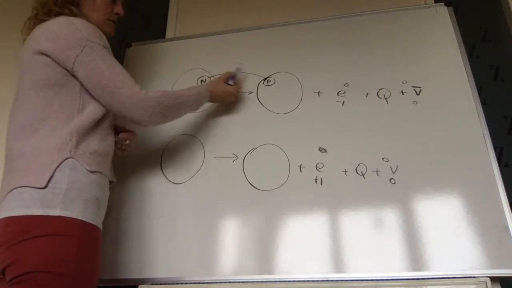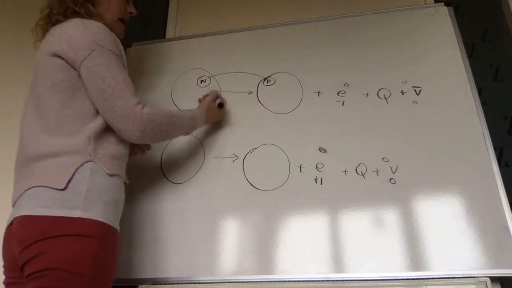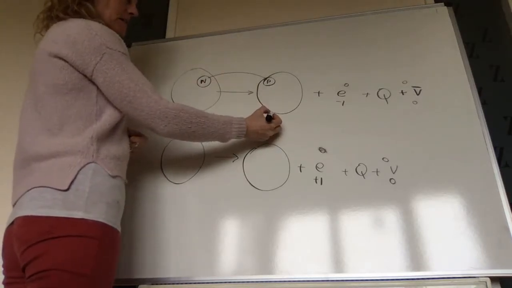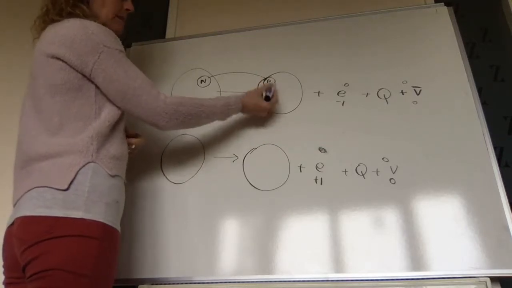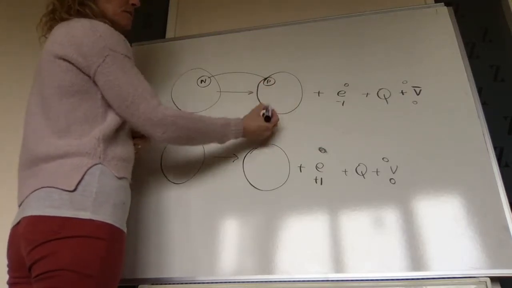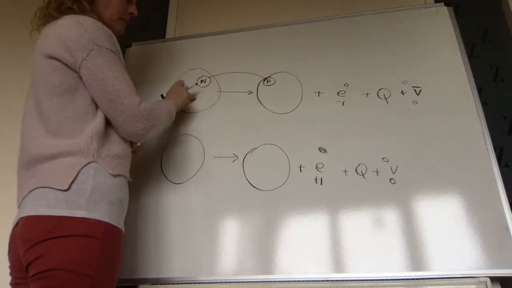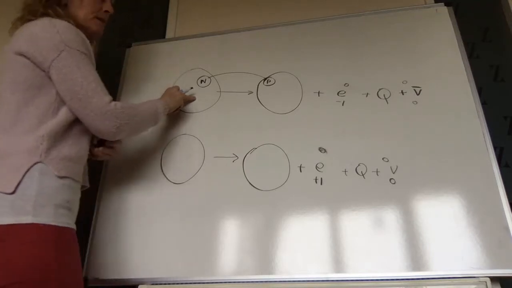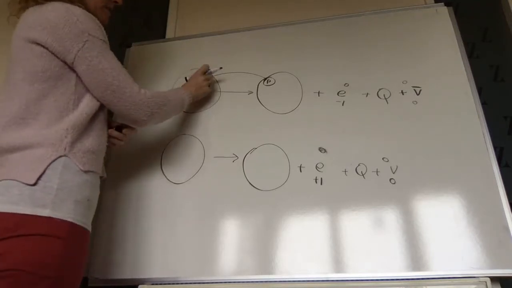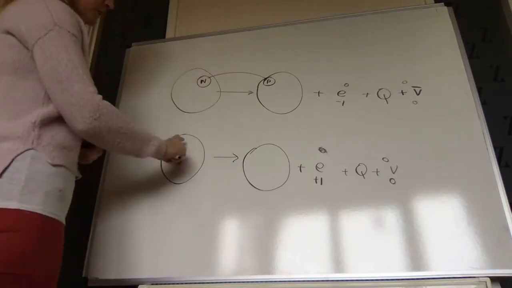So a neutron turns into a proton and an electron and an antineutrino. What does that mean about the atomic number? The number of protons will have gone up by 1. So it will become a new element that is 1 ahead of the old element in the periodic table. But its atomic mass won't change because the mass of a neutron and the mass of a proton are pretty much the same. They're both one atomic mass unit.